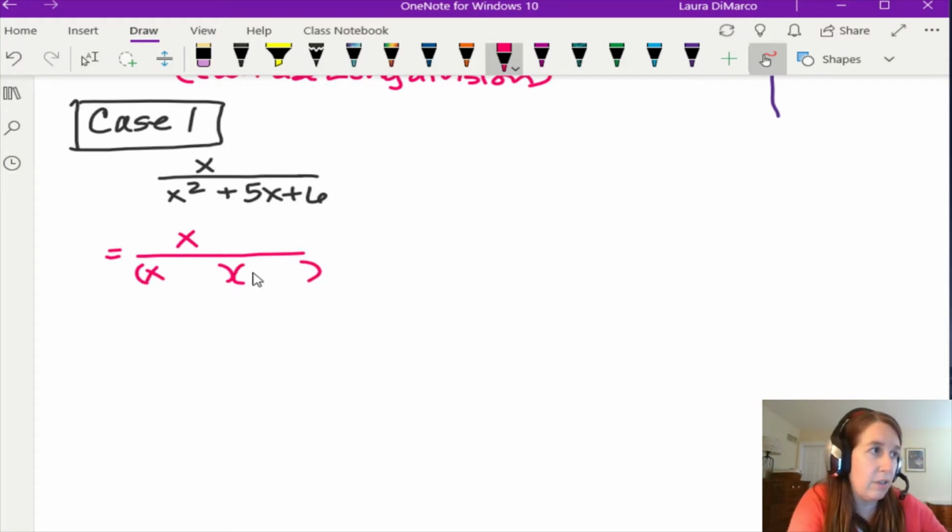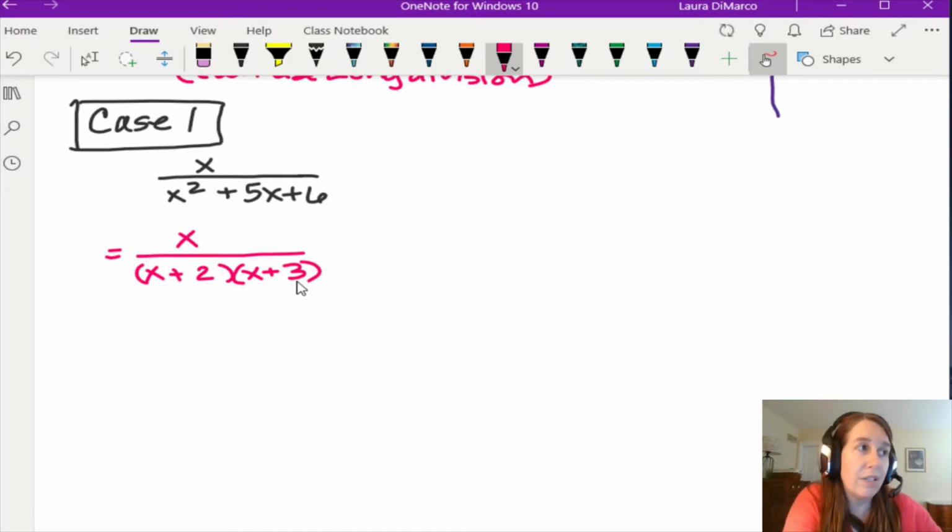So x, and then 6 can either be 2 and 3 or 6 and 1. Since it's all plus, I'm thinking it's going to be 2 and 3, plus and plus. That equals 5x in the middle, it equals 6 when you multiply. So this can be broken down.